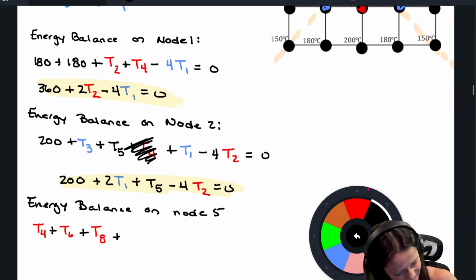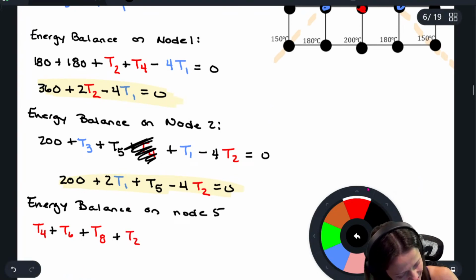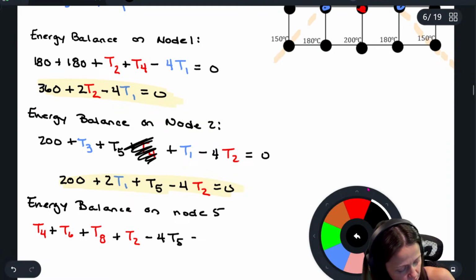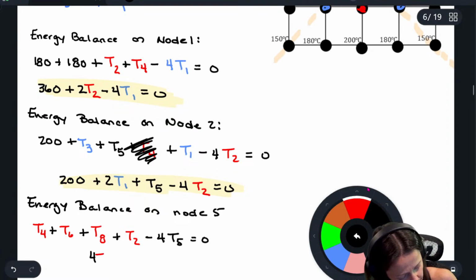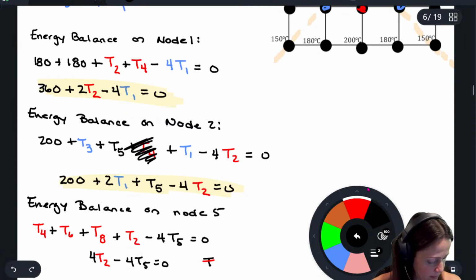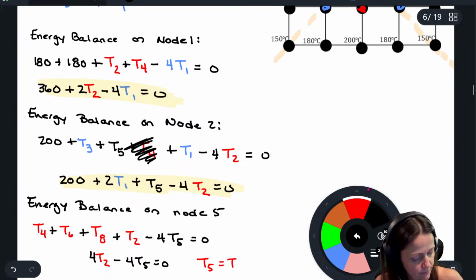Okay. All right, T2 minus 4 times T5. Well, all that's telling me is that 4 T2 minus 4 T5 is equal to 0. So clearly T5 and T2 are the same.